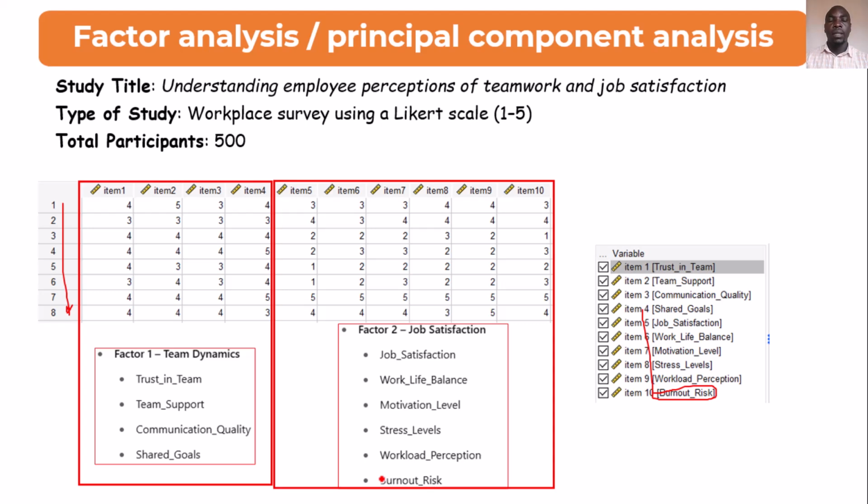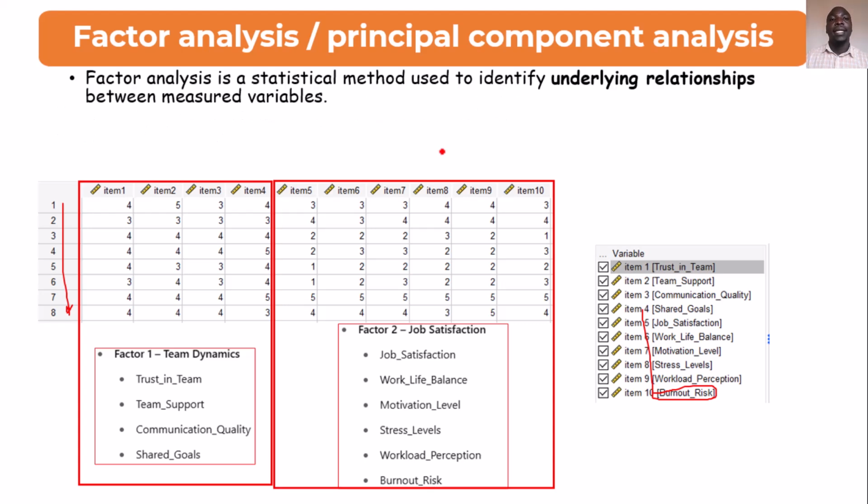So this is the purpose of factor analysis. Factor analysis basically helps us to establish these groupings within variables. Whether we know them or we do not know them, the factor analysis would help us to extract them and see these patterns. That's why we started by saying that factor analysis helps us to identify those underlying relationships.